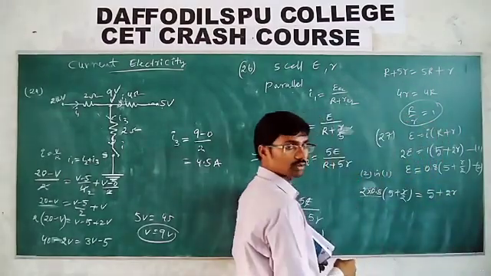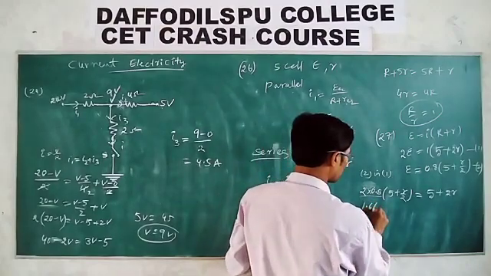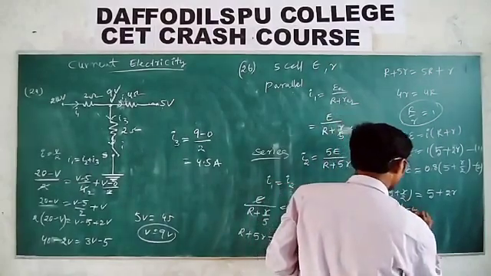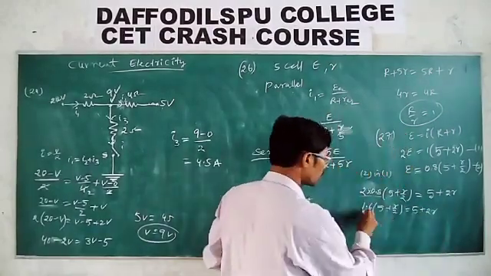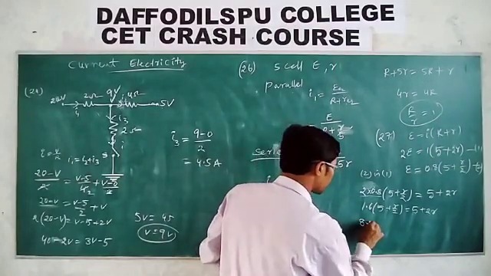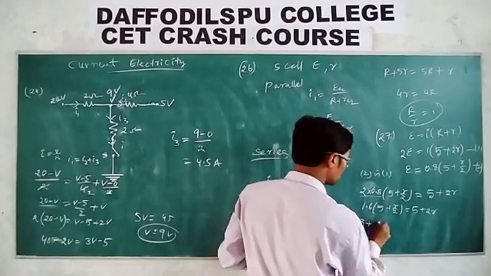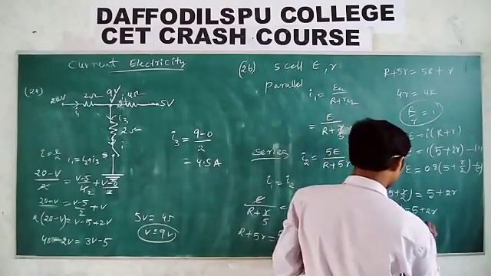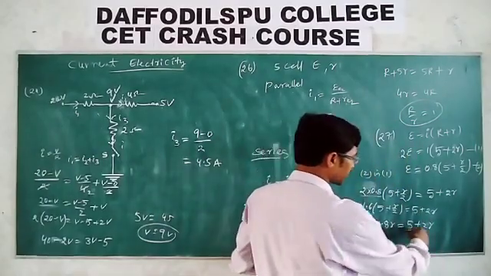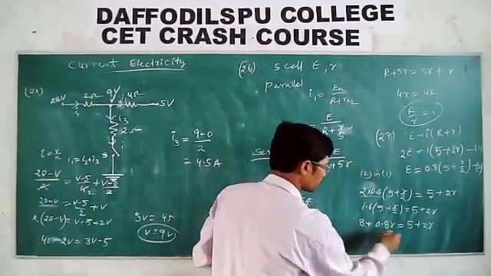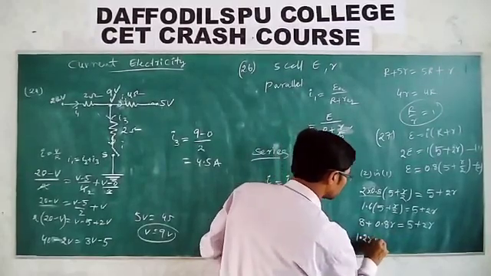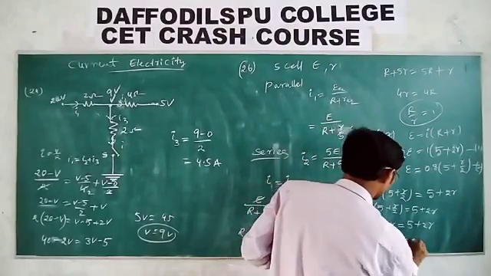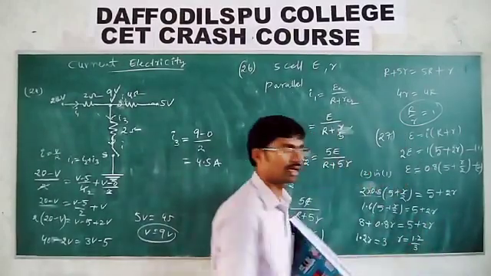Now 2 into 0.8 is 1.6. 1.6 into 5 plus r by 2 is equal to 5 plus r. 1.6 into 5 is 8, plus 1.6 into r by 2 is 0.8r, is equal to 5 plus r. Now bring this 0.8r to this side: r minus 0.8r is 0.2r, and bring this 5 to this side: 8 minus 5 is 3, so 0.2r is equal to 3.